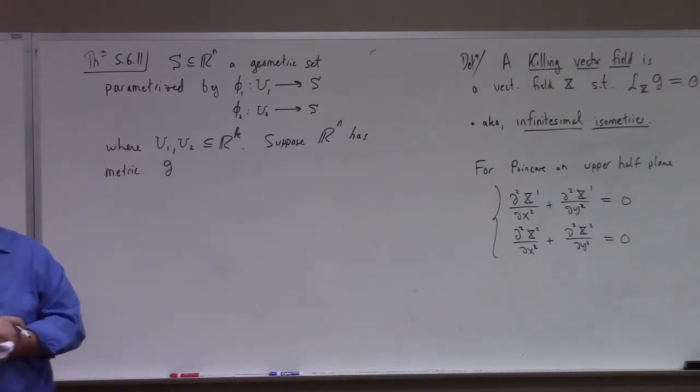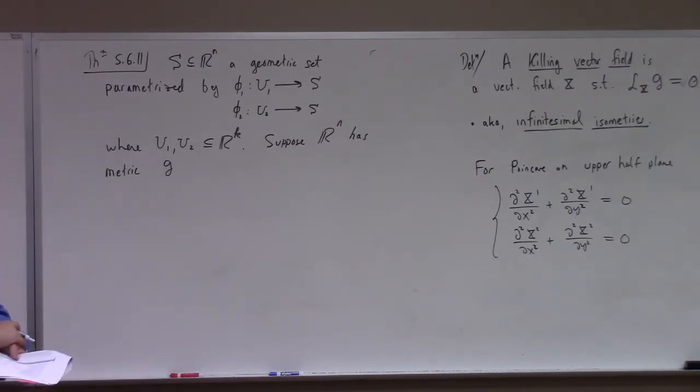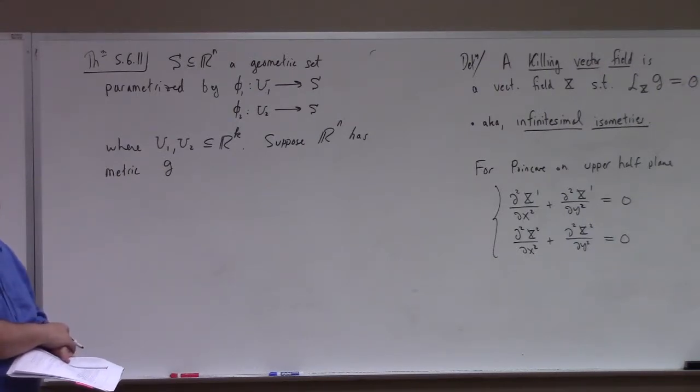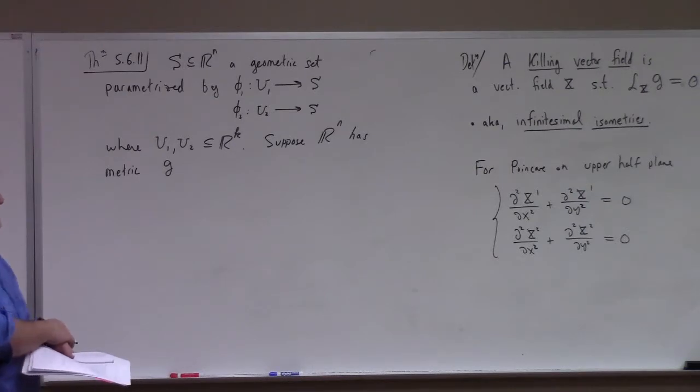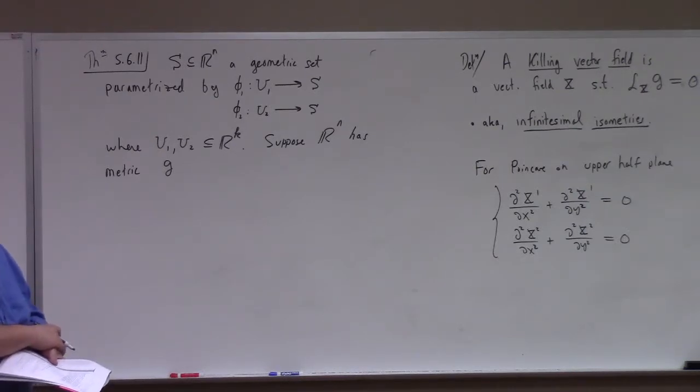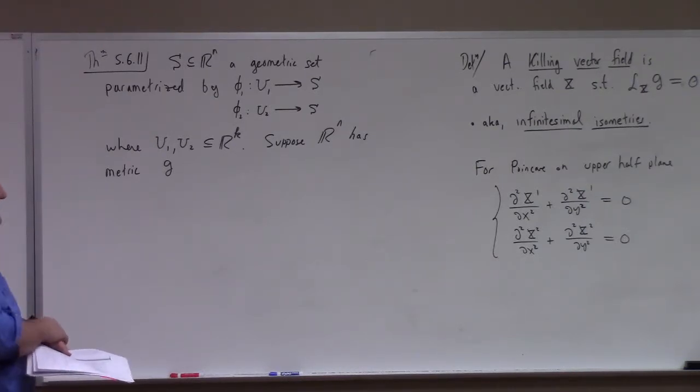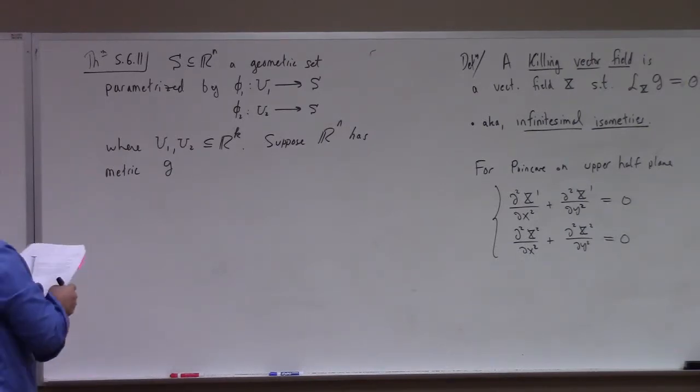Well, I think of G as being restricted to S. That gives me the natural induced metric on S as a geometric set, right? We can think about restricting G to S. That would give us a metric up there. But that's not where he goes here.